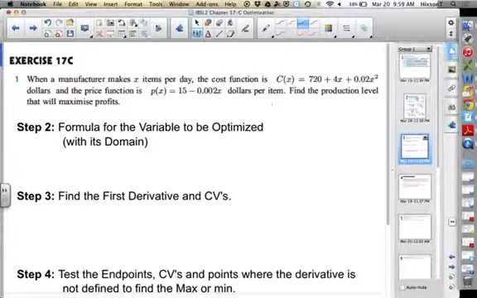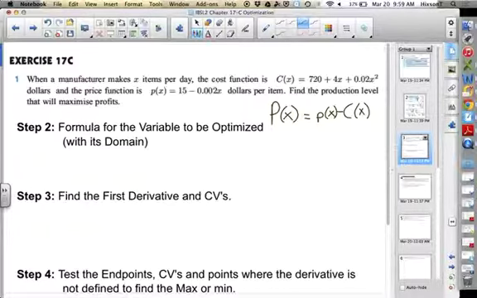So we're going to have, I'm going to call it capital P of X. And that's going to equal, how do we calculate our profits in terms of our costs and how much we're selling stuff for? Price minus cost. The price that we're going to sell it at minus what it cost us to produce it.